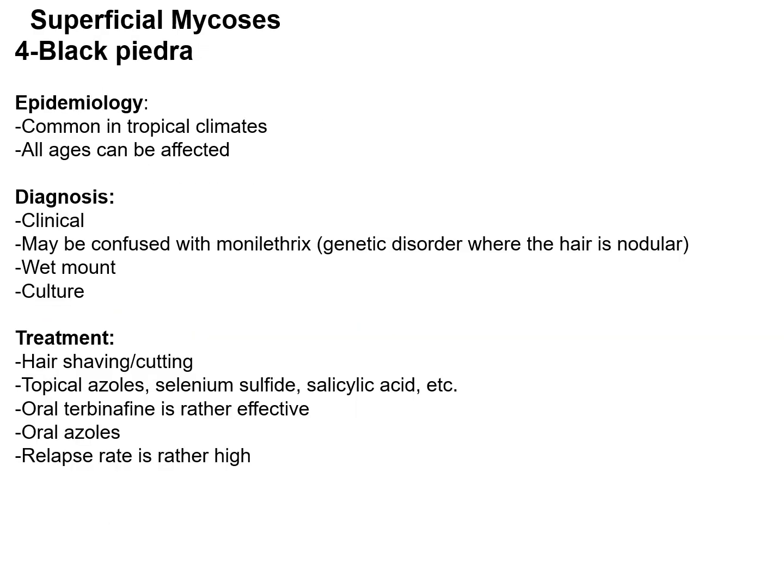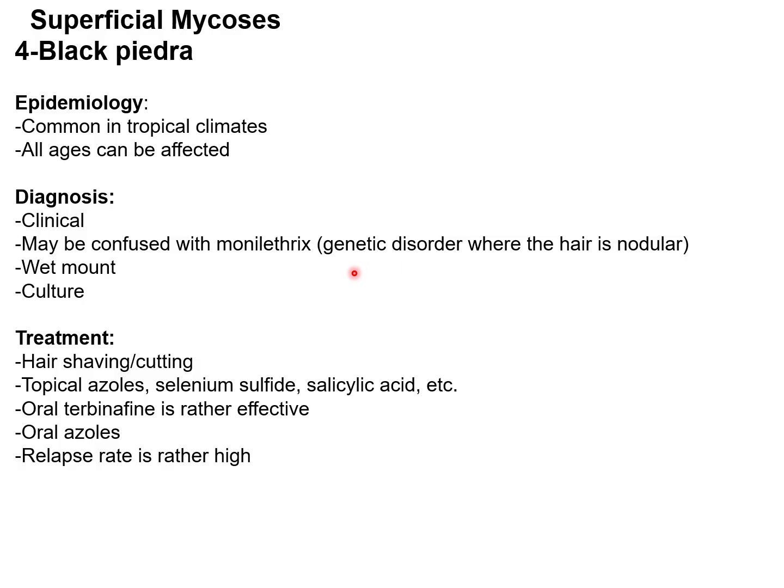So based on the ecology of where you see this agent, the mold that causes black piedra, this is why the disease is more common in tropical climates. And again, there is no specific age predisposition. Diagnosis relies on the clinical presentation, on seeing these nodules, but in this case, you have to rule out a disease called monilethrix, and this is a genetic disease.